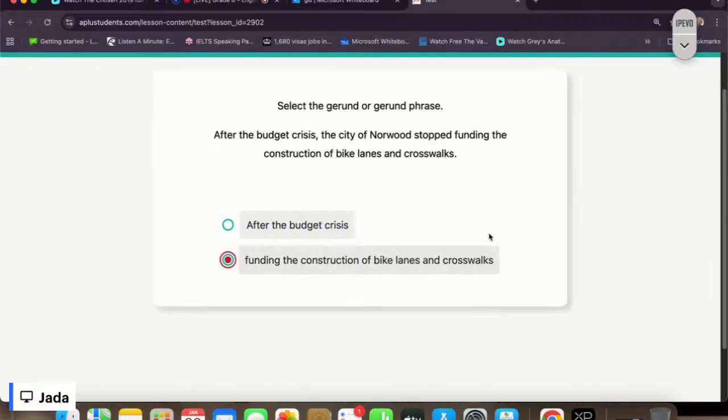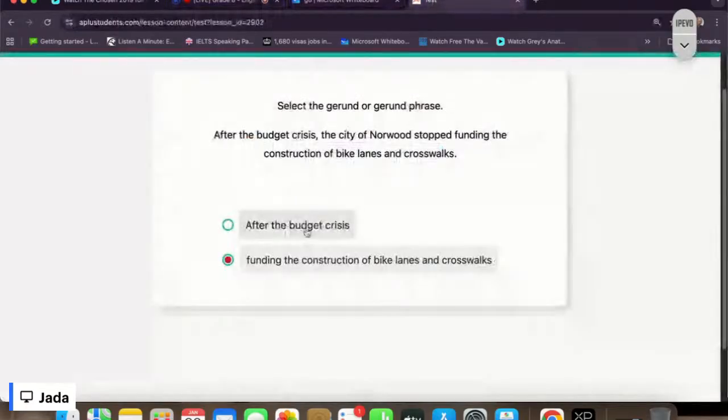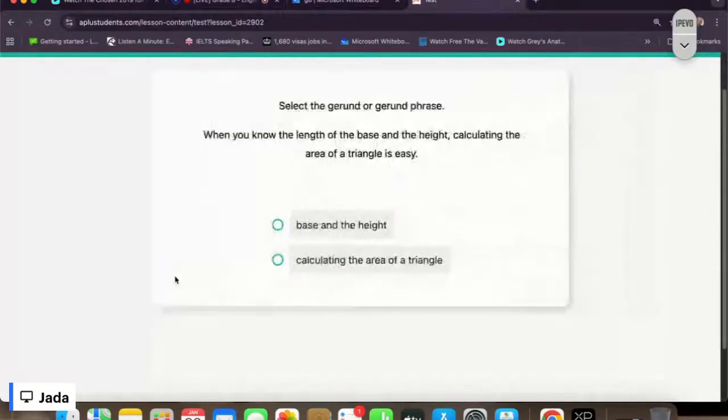Okay, so we have the second one. So select the gerund or gerund phrase. When you know the length of the base and the height, calculating the area of a triangle is easy. First to second.